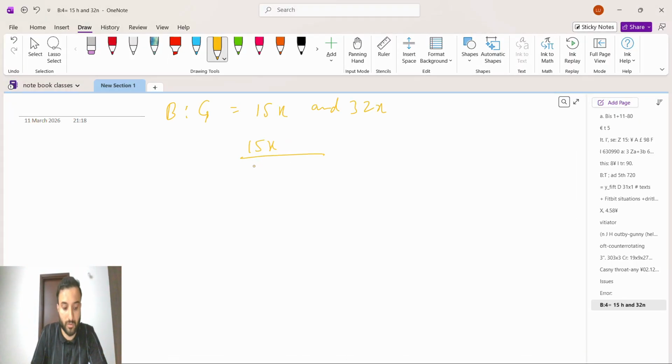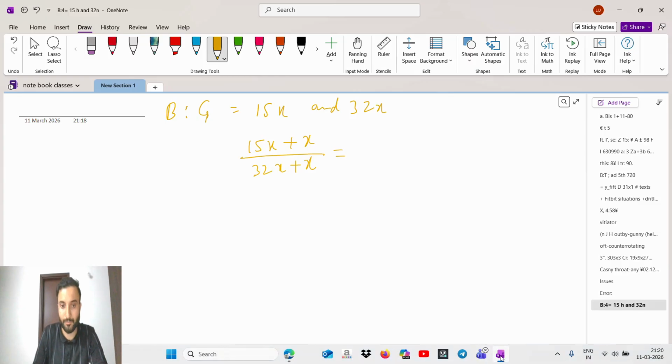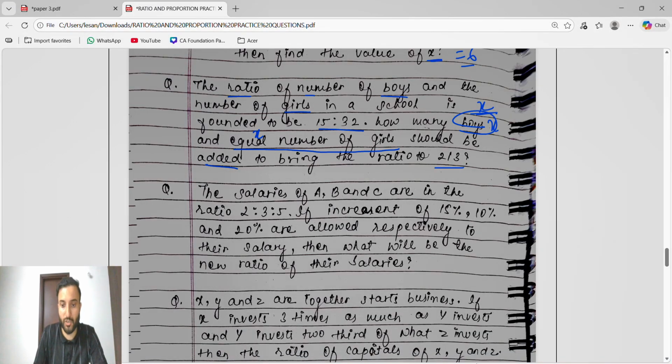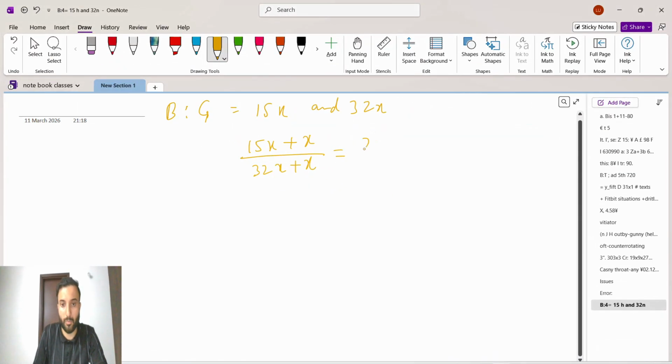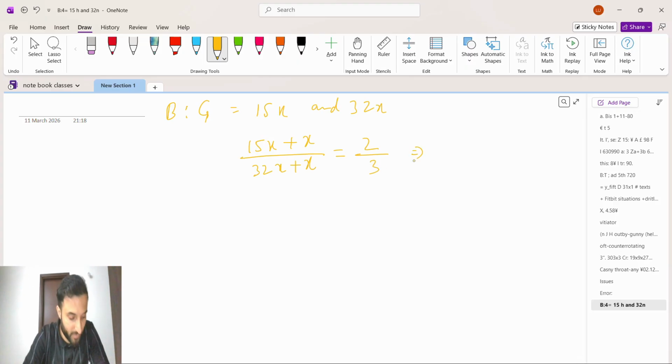15x is to 32x. Here the same number of boys and equal number of girls should be added to bring the ratio to 2:3.